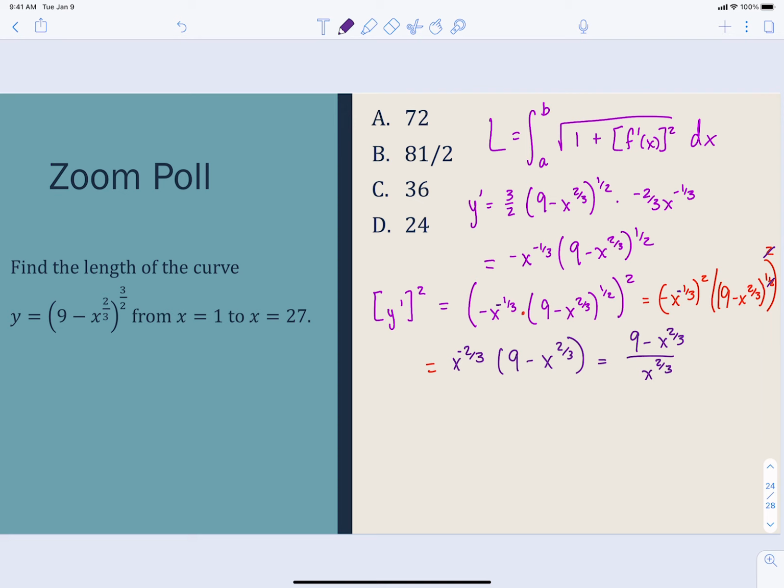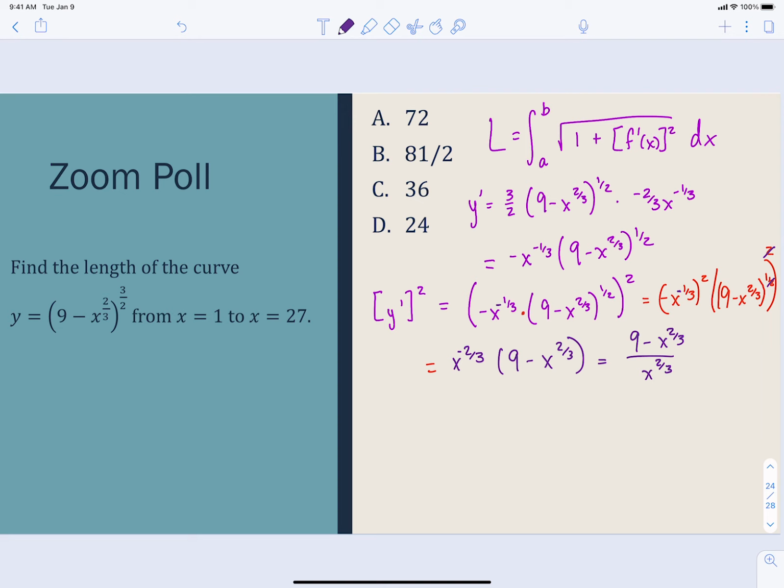And then actually what you can do is simplify this a little bit, because the square root of 9 is 3, and then you've got x to the negative 2/3 to the 1/2. So this is the integral from 1 to 27 of 3x to the negative 1/3. So that's actually not so bad at all.